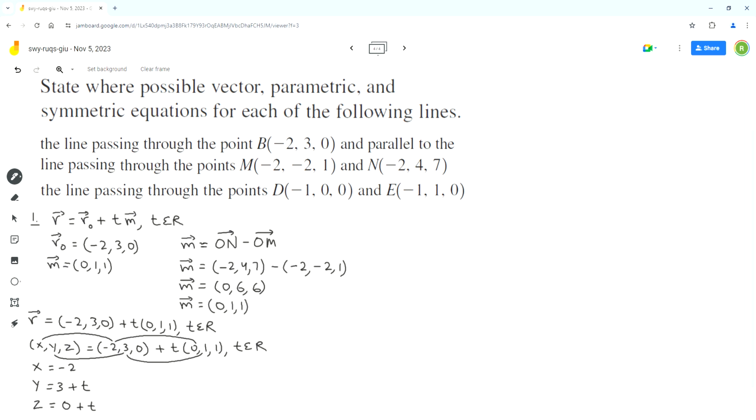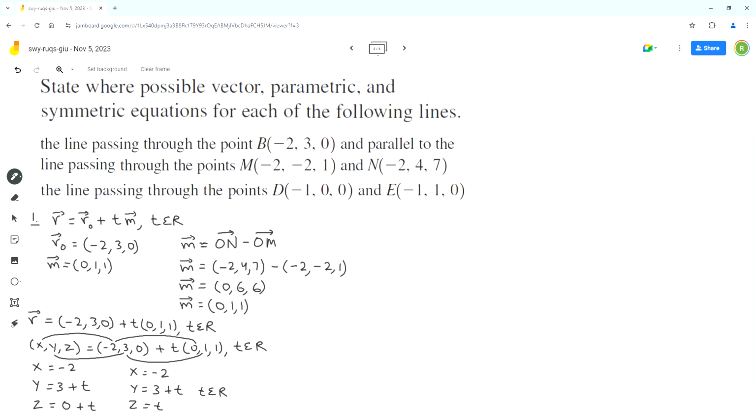We can ignore the 0 term in the z equation and rewrite the three equations. These are the parametric equations for the first line.